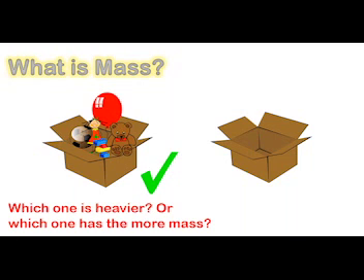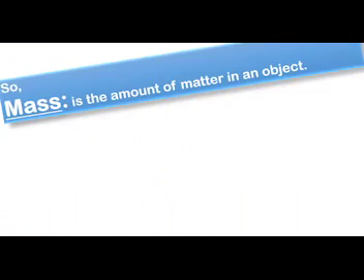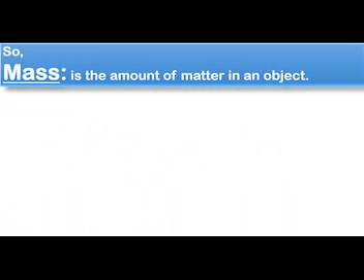Also the heavier one. The heavier one has more mass because it has more matter in it. So which one has more mass? Yes, the heavier one. We can define the word mass as the amount of matter in an object. Mass means the amount of matter in an object.